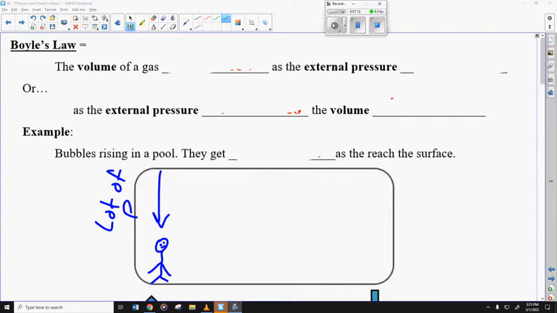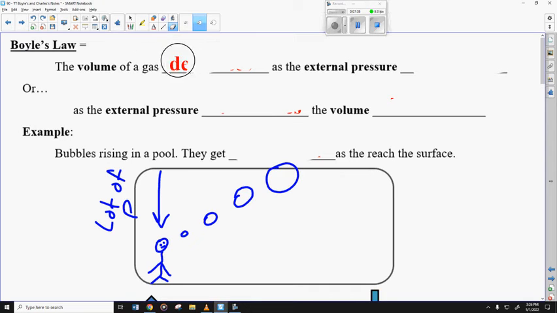Now, when you first blow a bubble, it's really small because it's under lots of pressure. But as that bubble approaches the surface and there's less and less water on top of it, it will grow. So we see a perfect example of this relationship between pressure and volume. According to Boyle's law, the volume of the gas decreases as the external pressure increases.